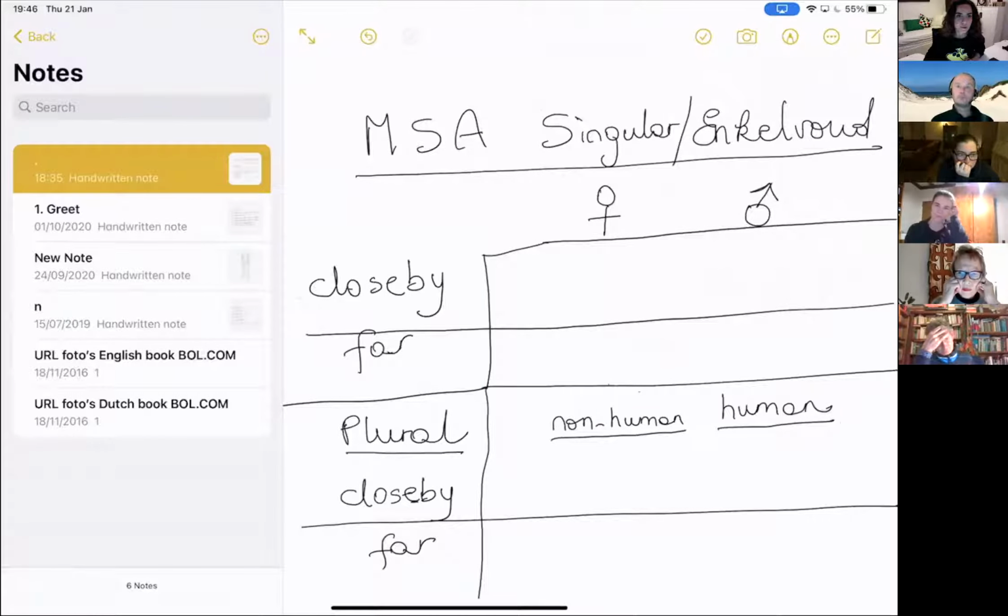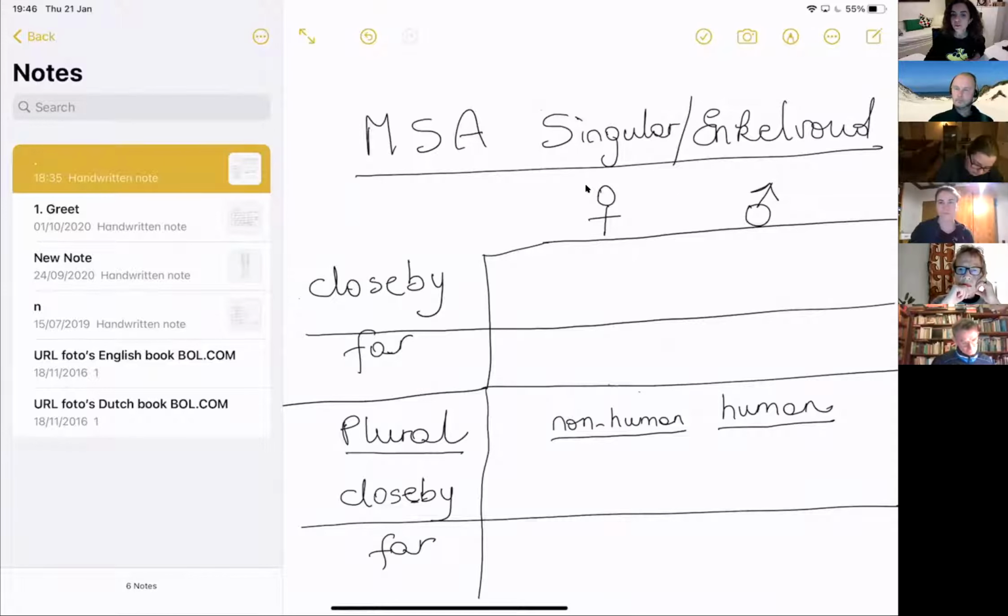Okay, so the demonstratives in MSA. So you have singular. Yeah, we're gonna do first only singular, so enkelvoud in Dutch. Okay, so you have the masculine ones. Which are the masculine ones?